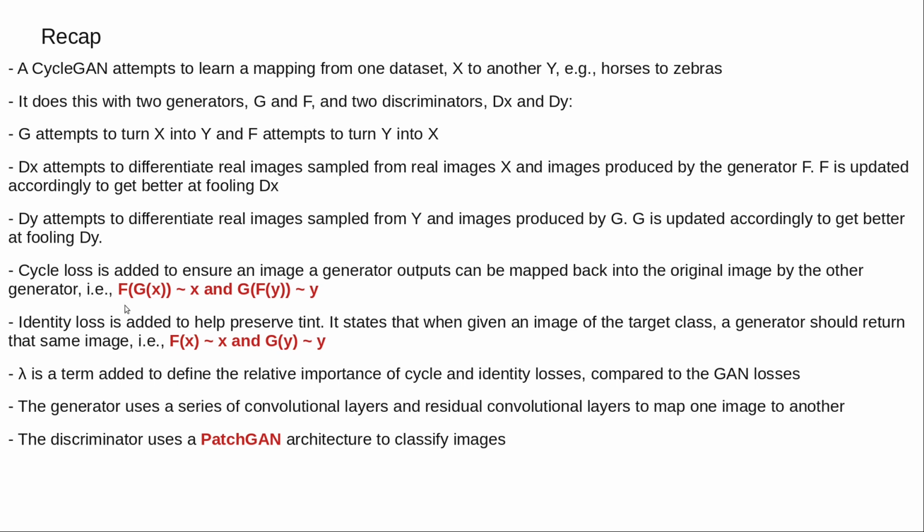The cycle consistency loss will be calculated as F(G(x)) minus x, that is, the difference between F(G(x)) and the original image X, and also G(F(y)) and the original image Y. So the concept is this: after an original image goes through two cycles of generator functions, that is, X is converted to Y and then Y is converted back to the X domain, the difference between the original image and the reconstructed image is called the cycle consistency loss.